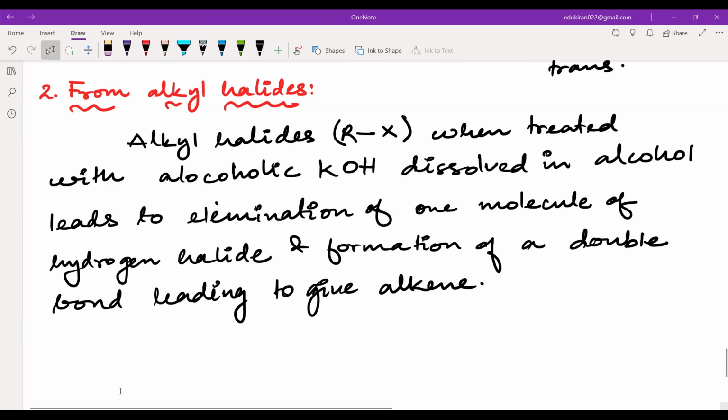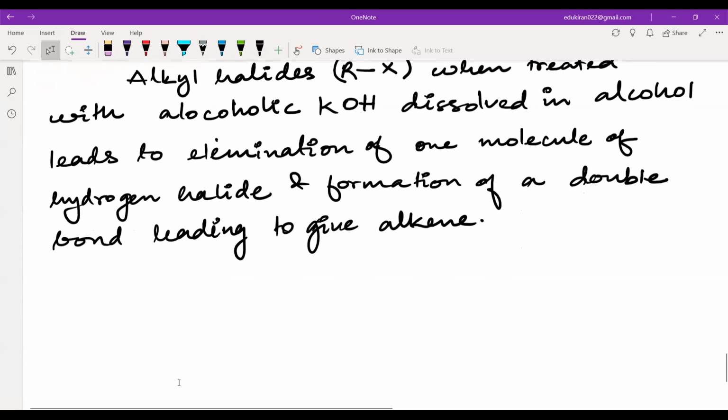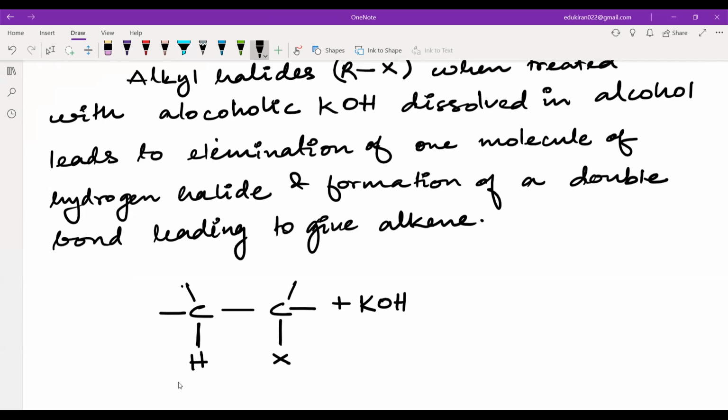So the reaction that we are saying is that if we have a carbon, another carbon is there, and this carbon has any halogen group attached. This carbon should have at least one hydrogen. Whatever else is present, we don't need to mention. Now I will react this with KOH and some heat.